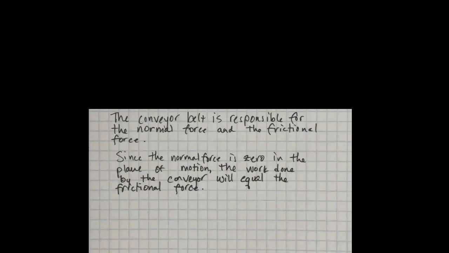Because remember, friction is essentially the conveyor belt, right? The conveyor belt has friction. Because the normal force doesn't count in terms of the work that's being done, we only need to think about the frictional force. Well, that means that the force from the conveyor belt will be equal to the frictional force. I didn't particularly like asking the question that way, and I found it somewhat confusing, but once I thought about where they were coming from and what they were getting at, it does make sense.